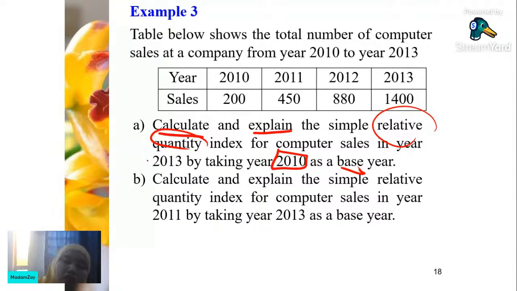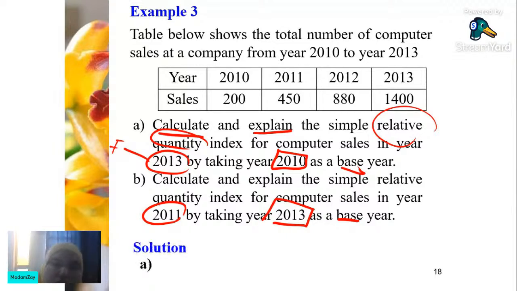So we want to find the quantity index for 2013. The second one is to calculate and explain the simple relative quantity index for computer sales in year 2011 by taking 2013 as base.